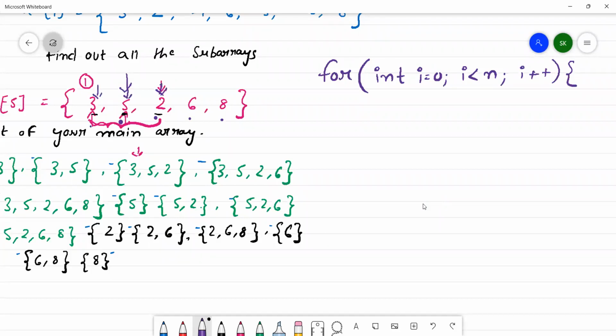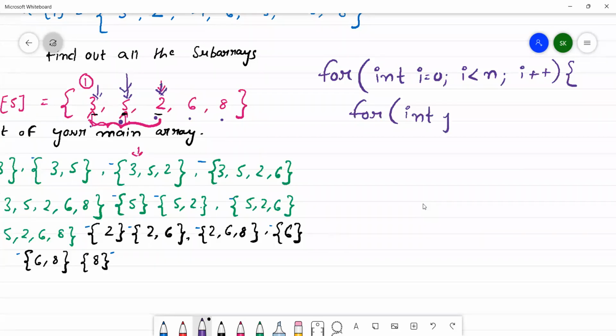If I picked 3, then I start from 3 till 8. If I picked 5, then I start from 5 till 8. Yes or no? So here, from where should your inner loop start? i.